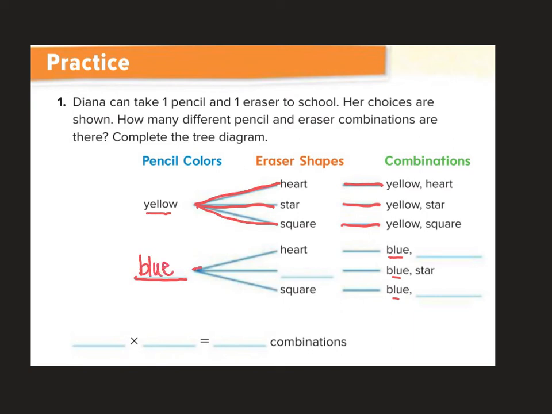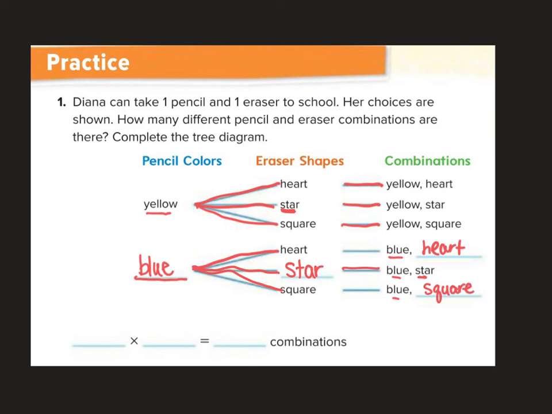So she could have blue heart, blue, what's the second one? I could look at the spots, but I know that the second one up here is star, and I see star in the answer, so I know that this is star. Blue star. Blue square.